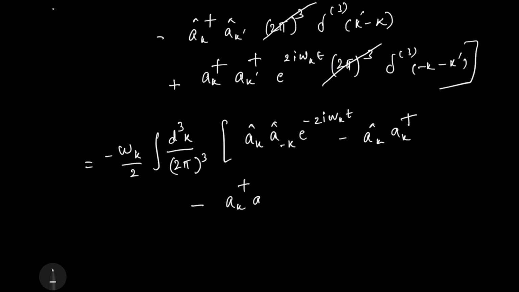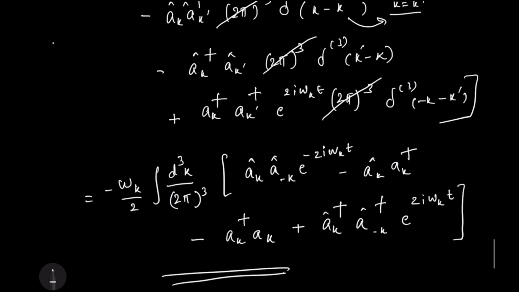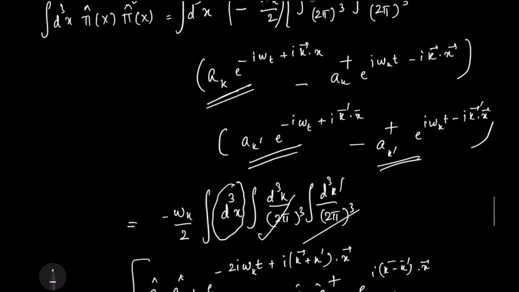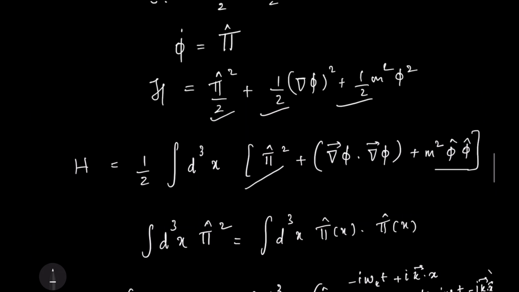So a_k dagger a_k plus a_k dagger a_minus k dagger e raised to 2 i omega k t. Okay, so this is just the first term of our Hamiltonian. We have done only the integration of the first term.